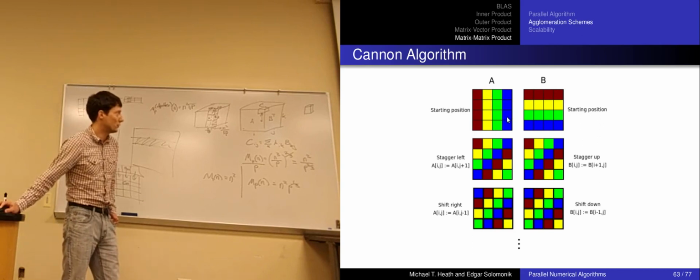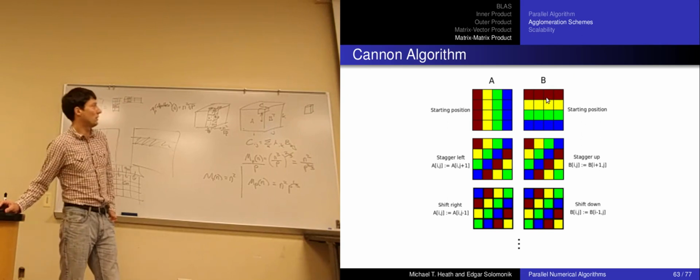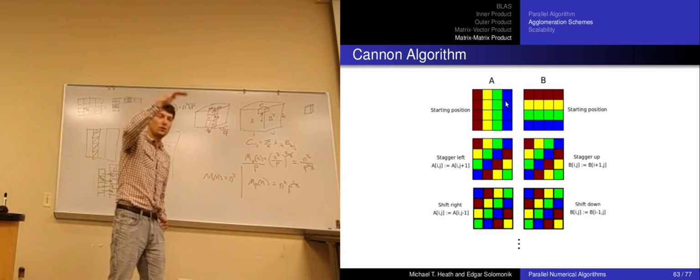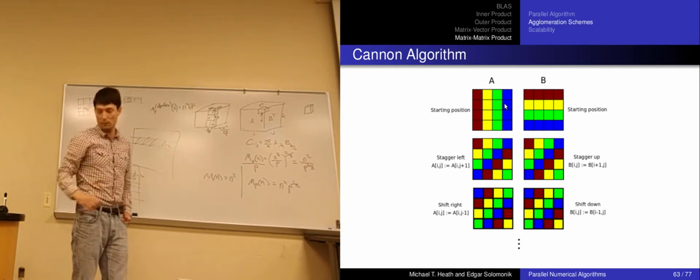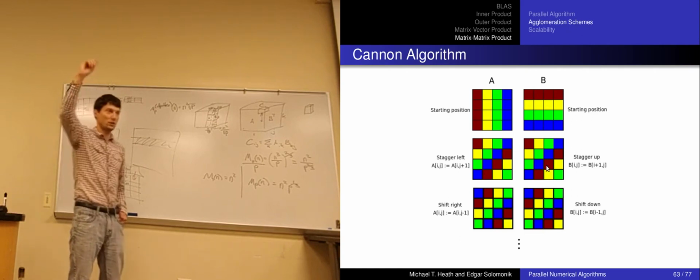The SUMMA algorithm would just take a block row and a block column and broadcast. What Cannon's algorithm does is first stagger these, so it does a shift that grows with each one of the dimensions, to the left and right for this matrix, and up and down for this matrix, and it does so cyclically.